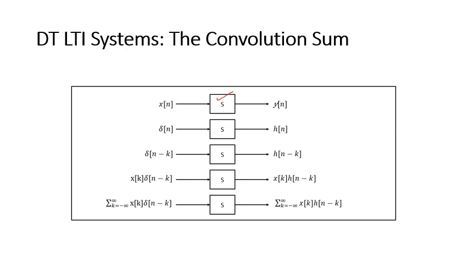Okay, so when we give it input, it produces y of n, because this is the discrete time system. So the simplest input is the impulse, right? So when the input is impulse, the output is called the impulse response.